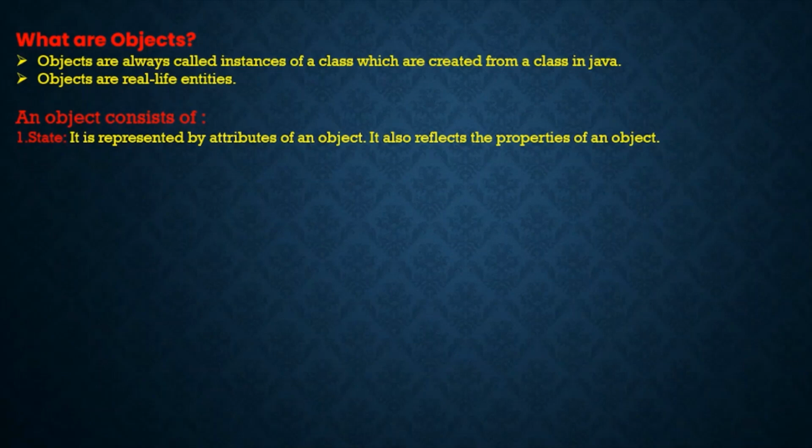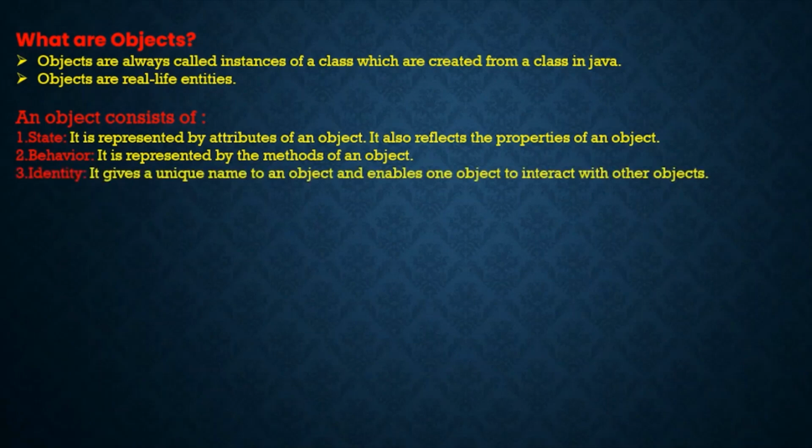Whatever the attributes of that object are, that represents the state. And behavior, I have already told, in Java, methods are called behaviors. So behavior is represented by the methods of an object.